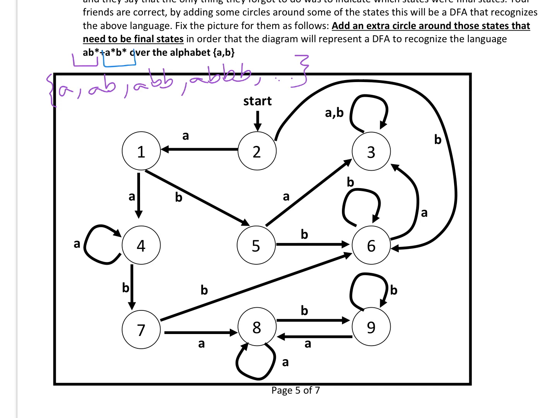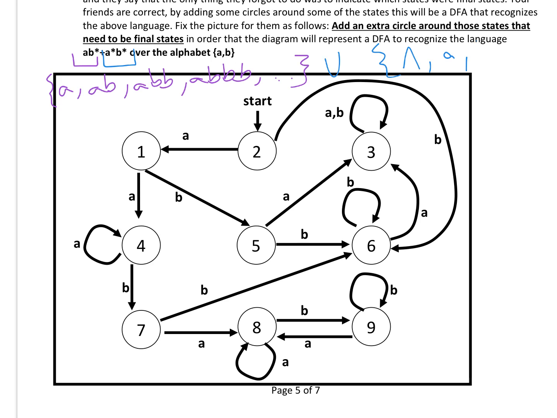And if we look at A star B star, that's as many A's as we want, followed by as many B's as we want. So lambda's in there, because we could have 0 A's or B's.